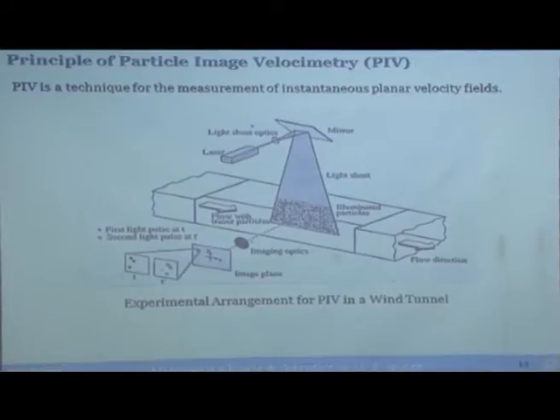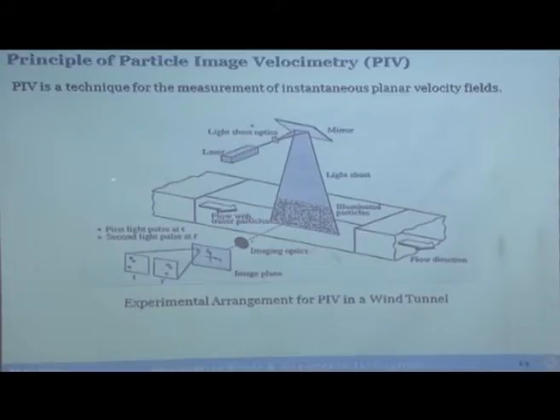This is just a simple arrangement for a wind tunnel. This is not related to the engine right now. I will just first show you what a PIV is, then we will apply it to engines. So, PIV is a technique for measurement of instantaneous planar velocity fields. Here you see you have a laser sheet.